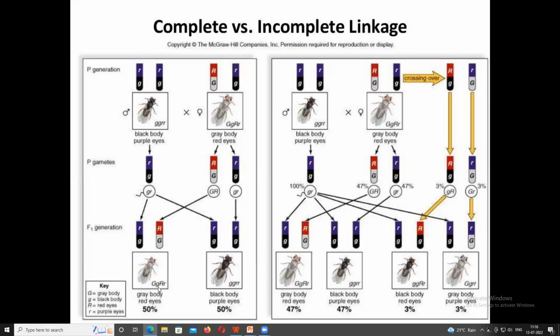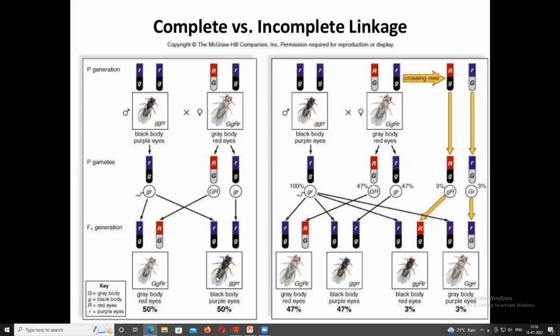So the phenotype will be gray body with red eyes, 50%, and another 50% small g, small g, small r, small r, that is black body, purple eyes.